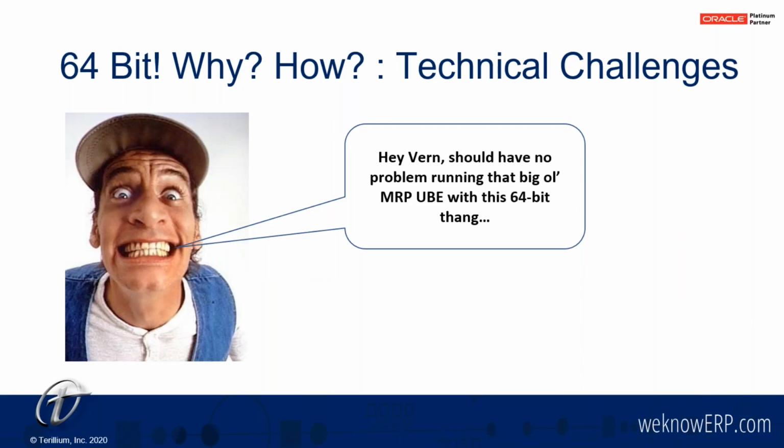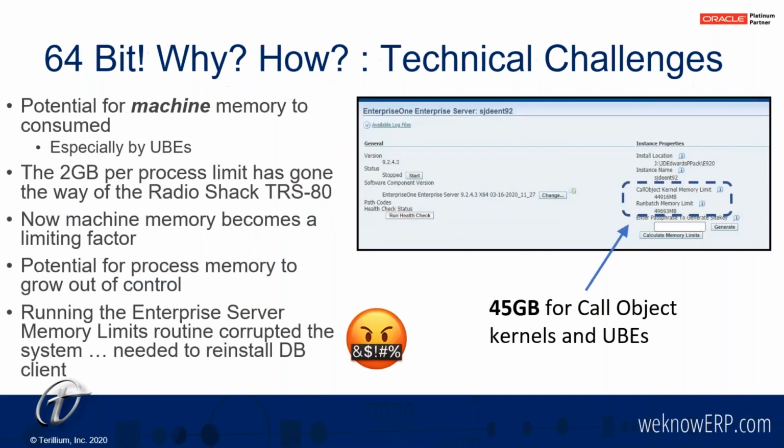So one of the things is that you can actually be exceeding machine memory, okay? Ask me how I know about that, Vern. How do I know about that? Well, one experiment I tried on our machines is you have a feature, maybe not all of you know about, on Server Manager that says, okay, calculate the call object kernel and run batch memory limit.